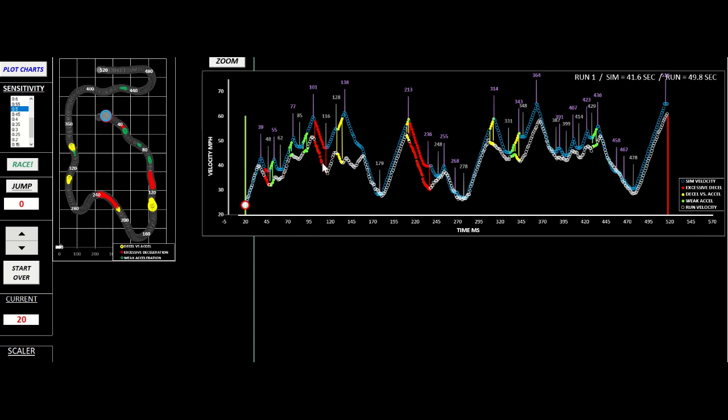For example, you can see a loss of velocity here, a difference between the simulation, the blue line, and the actual run line, the white. And that is due to excessive deceleration. You can see here, where it's yellow, he should have continued to accelerate, but he stopped short and actually decelerated, losing a considerable amount of velocity and a considerable amount of time.